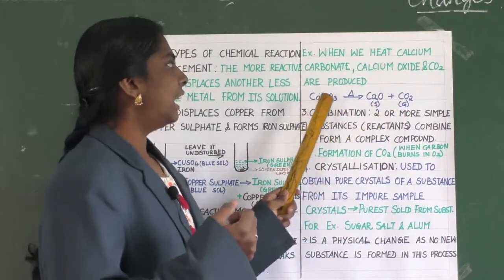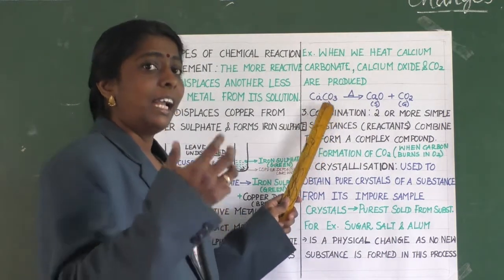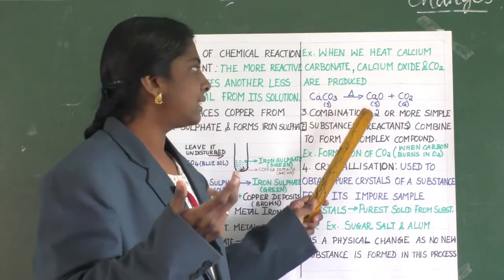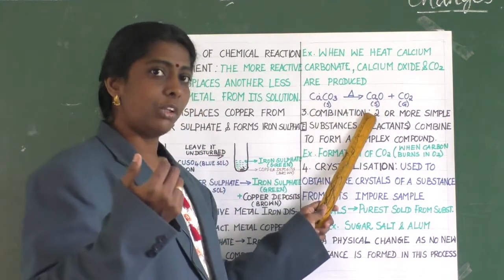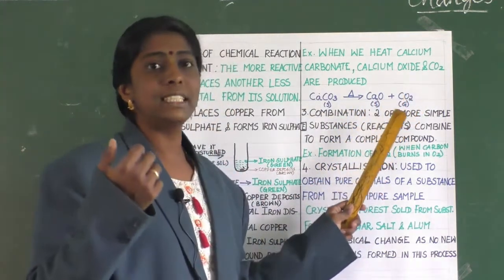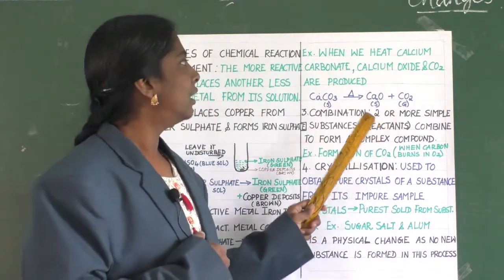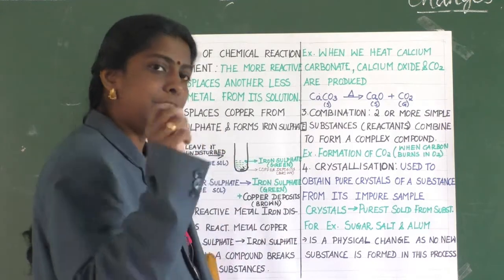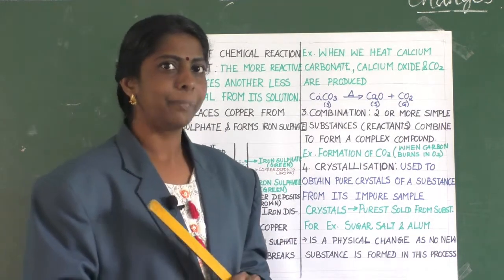Basically, this calcium carbonate is a solid, and when it is subjected to heat, it will break down into two products, that is calcium oxide, which is a solid, and carbon dioxide, which is a gas. Clear? So this is one chemical reaction. Reaction name is decomposition. Clear?